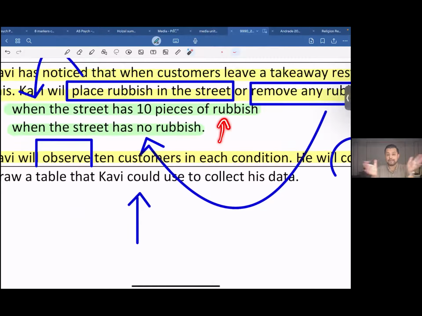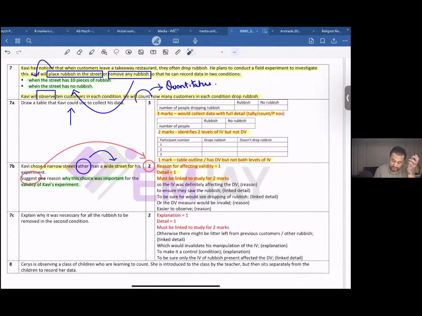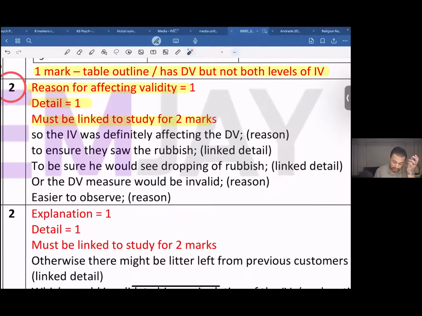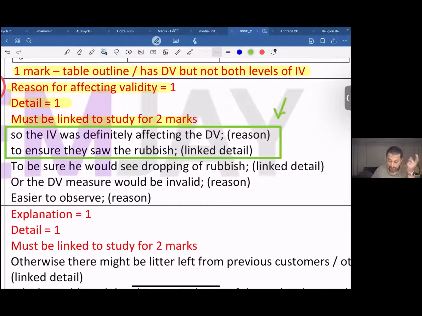So if it's a wide street, there's a possibility that you might not notice, right? However, if it's a narrow street, it would get easier for you. So the IV was definitely affecting the DV to ensure they saw the rubbish. Now, to be able to score 2 marks over here, you need to write both of these. And of course, you're expected to link it to Kavi's research.